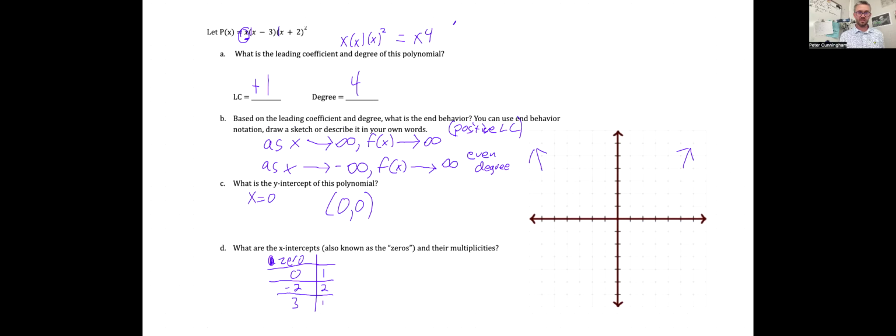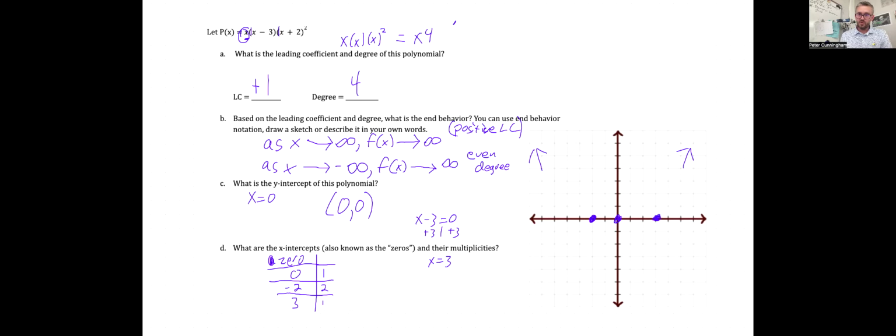If I said x minus 3 equals 0, I would have to do 3 on both sides. So x equals 3. That happens a single time because there is just one power there. You don't see it. That means it's to the power of 1. All right, so go ahead and mark it 0, 0, -2, 0, and 3, 0.